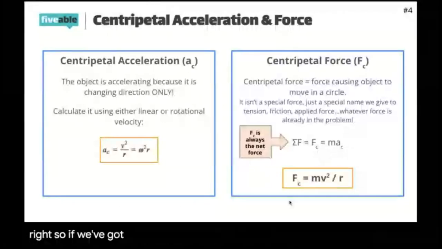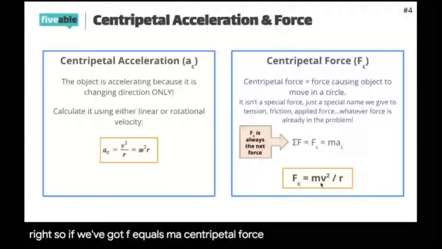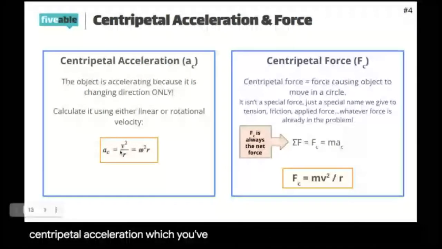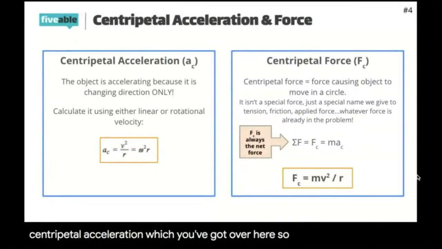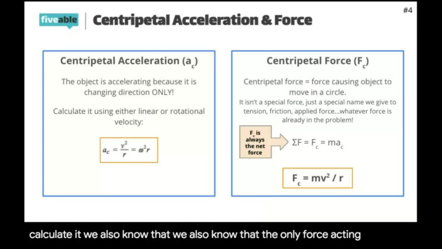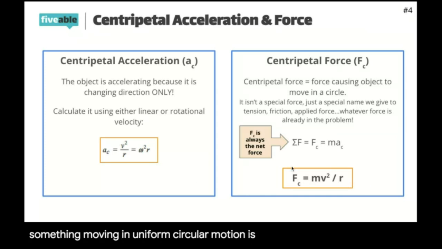So if we've got F equals ma, centripetal force is going to be m times your centripetal acceleration, which you've got over here. So that's one way we can calculate it. We also know that the only force acting on something moving in uniform circular motion is going to be whatever the centripetal force is.